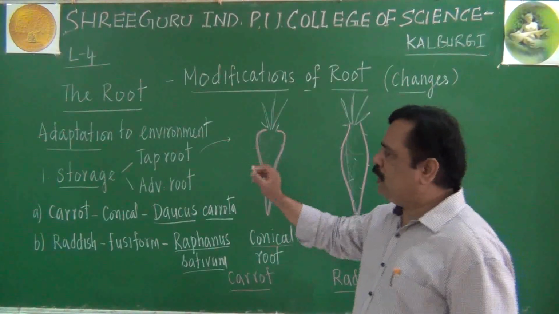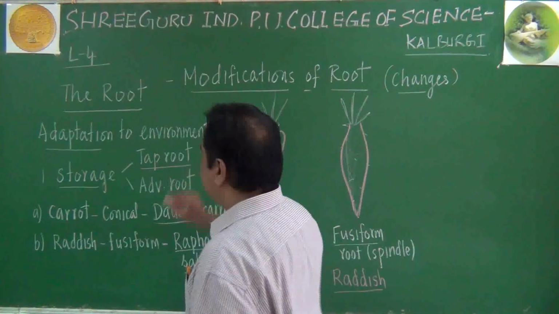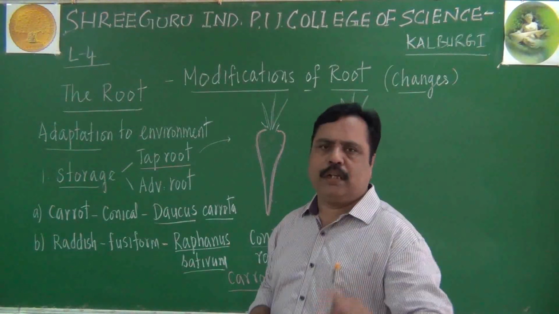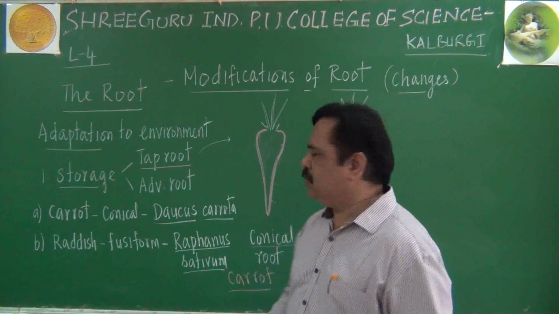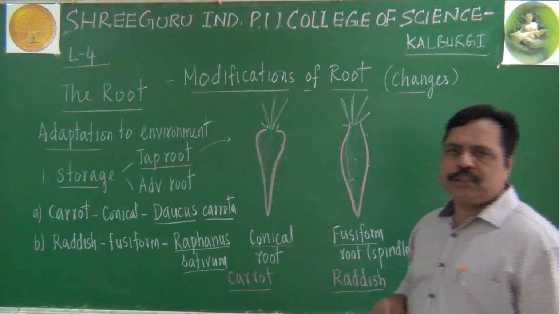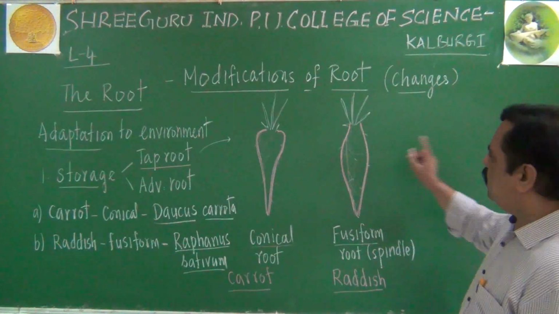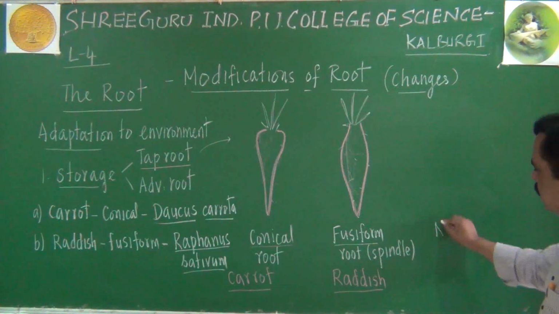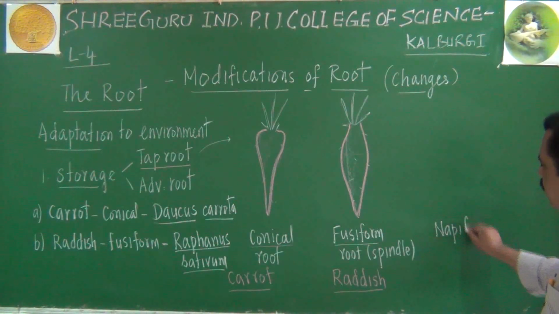I am talking about tap roots only so far. Still I did not talk about adventitious root. Some fibrous root can also undergo storage modification. Let us complete this taproot system at present. The third modification we can come across here is known as napiform.